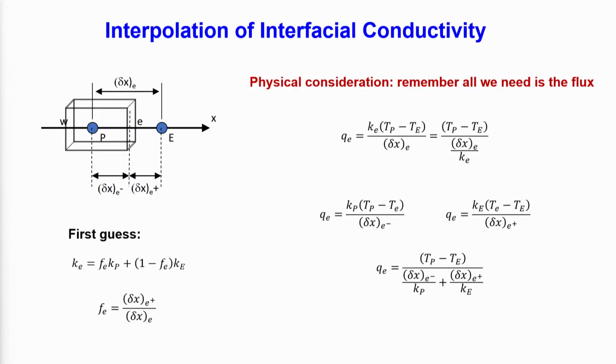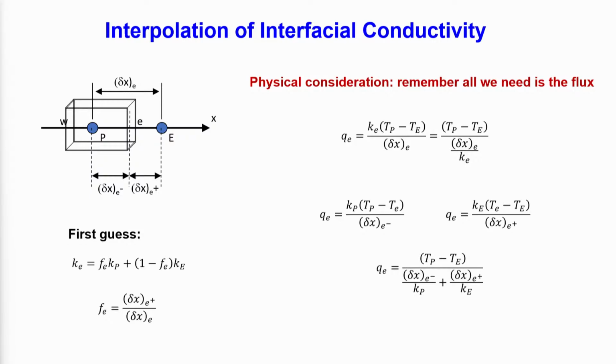and if we break it into 2 slabs, one slab is having the length delta x E minus, another delta x E plus. Just look into the figure and you will know what they are. So you can write the flux at small e by considering the left slab and the right slab separately, but they should be the same because of the continuity of flux.